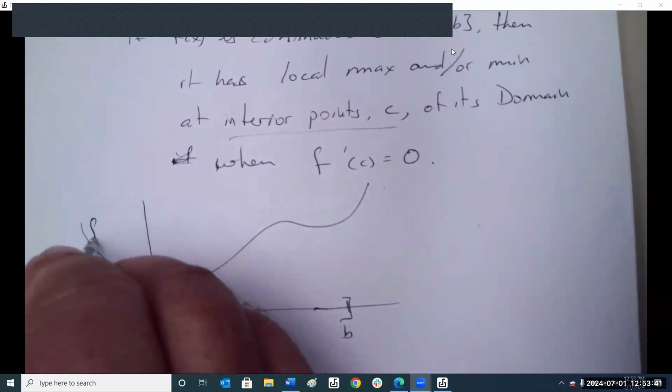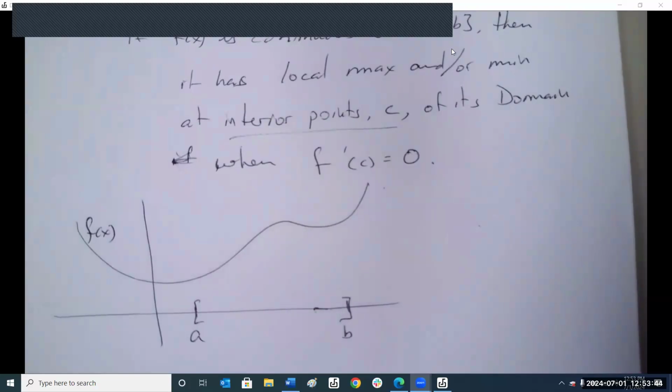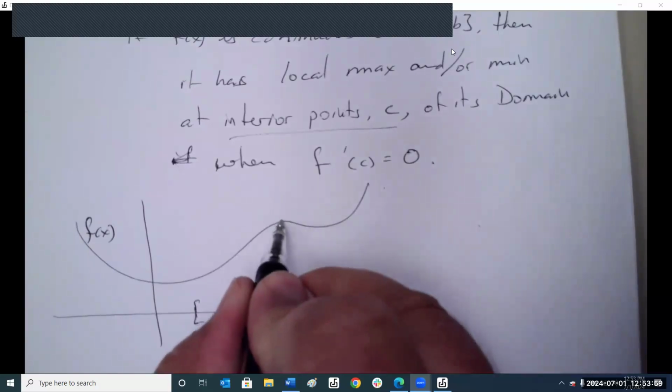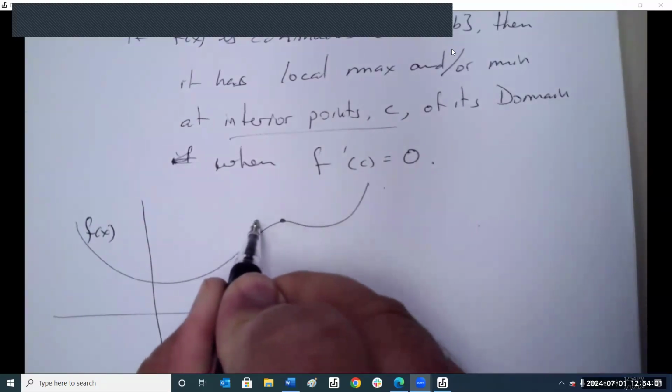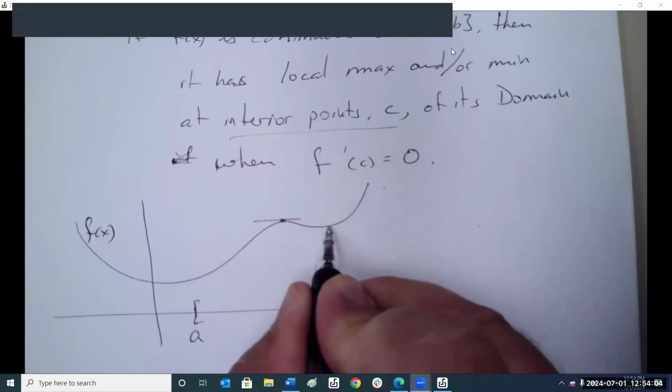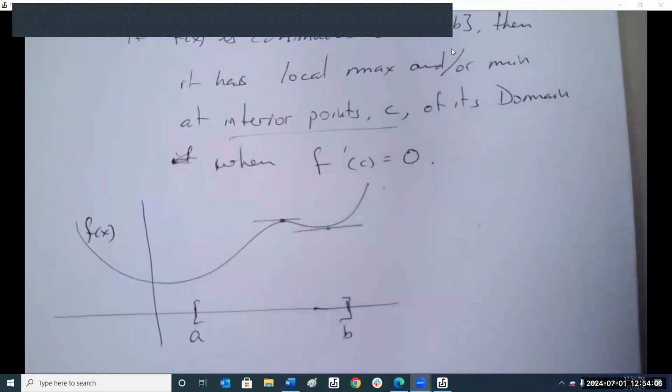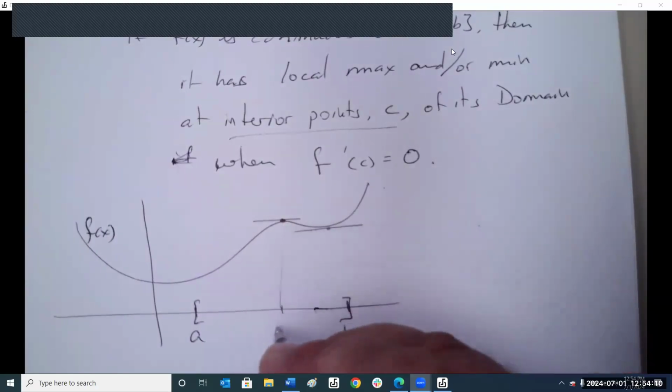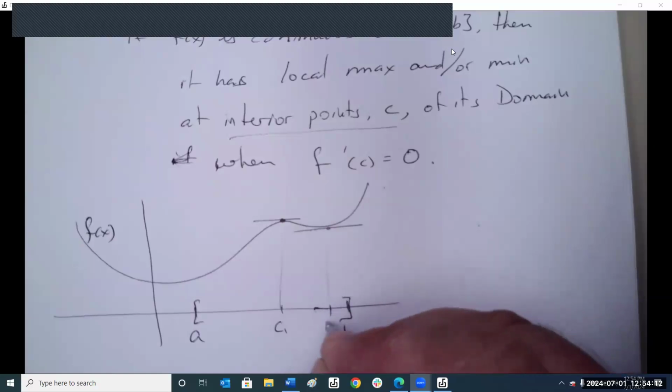So here's my function f of x. If the function's continuous and it's in an interval, a domain, I can find a value C, at least one value C. So this is C1 and this is C2.